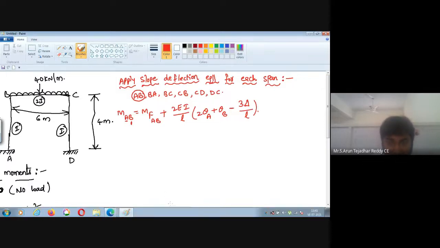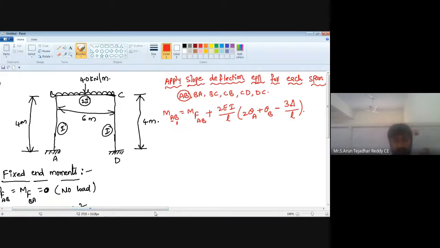And what about our conditions? If the end support is a fixed support, remember this condition, then the slope at that particular point is 0. It means if you take A, the first span is AB, after that BA, but at A it has a fixed support.